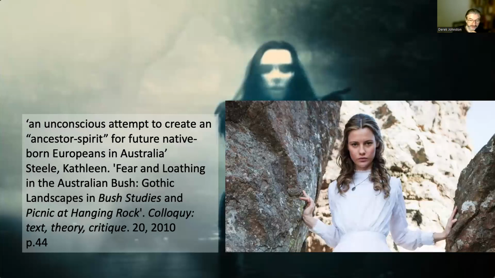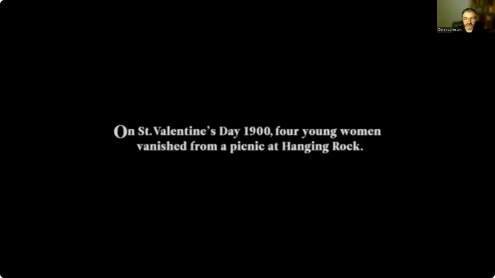Similarly, the first episode of the series progresses in a fairly straightforward linear progression, beginning with an on-screen title card that states, "On St. Valentine's Day 1900, 4 young women vanished from a picnic at Hanging Rock," anchoring the narrative in a specific space and time, though note that this is a European settler space and time. 1900 and St. Valentine's Day are not Aboriginal ways of telling the time, and Hanging Rock is not the Aboriginal name for the place.